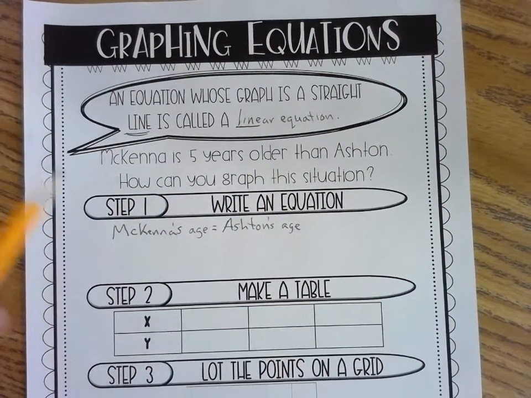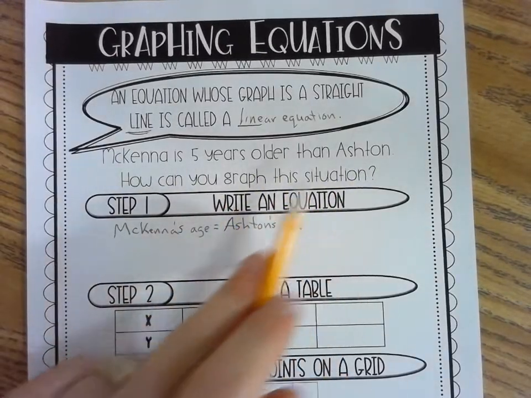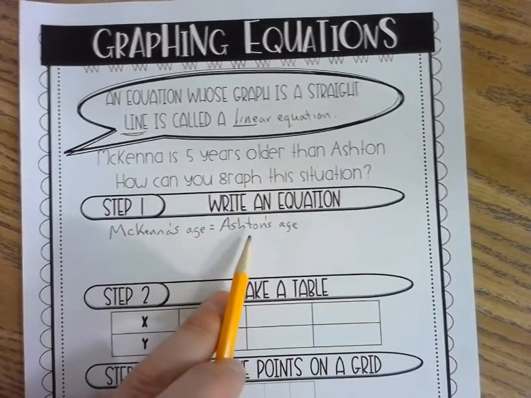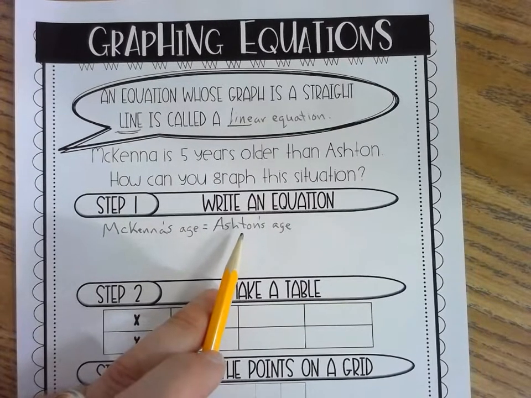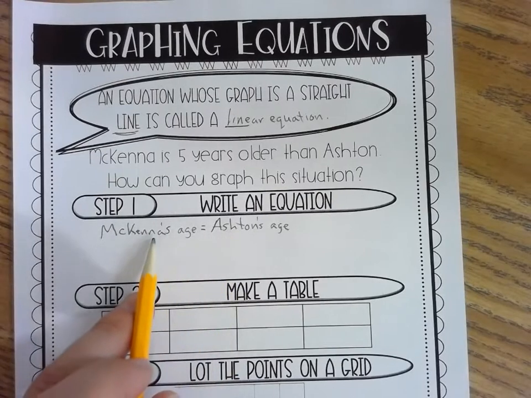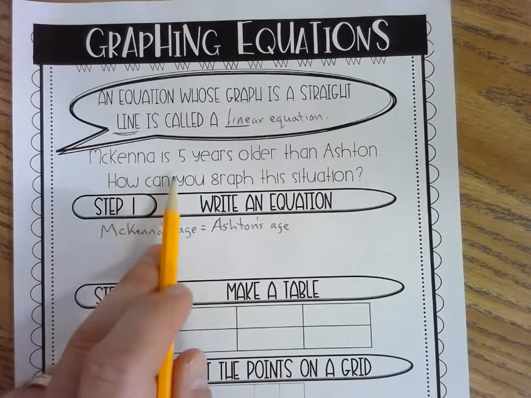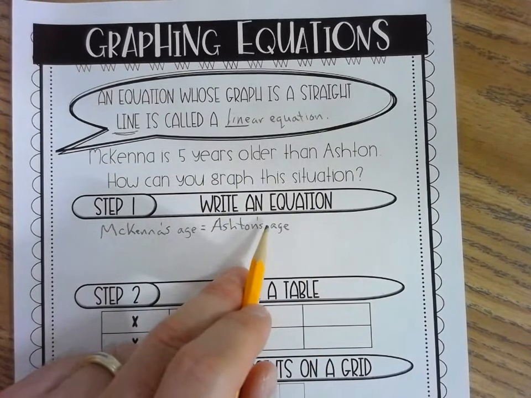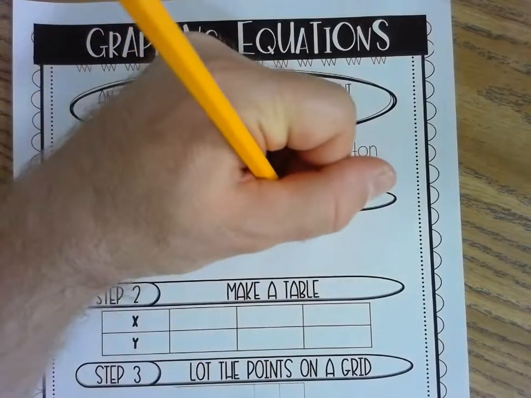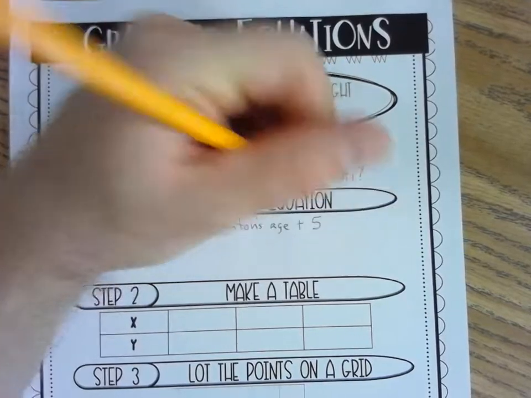And then what would you do with that? McKenna is 5 years older than Ashton. So however old Ashton is, it doesn't matter throughout his life, you could use this equation. You're going to do what to Ashton's age to get to McKenna's age? Well, McKenna is 5 years older than Ashton, so to Ashton's age we have to add plus 5.